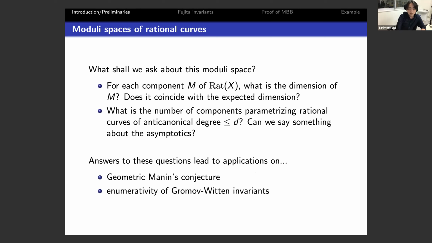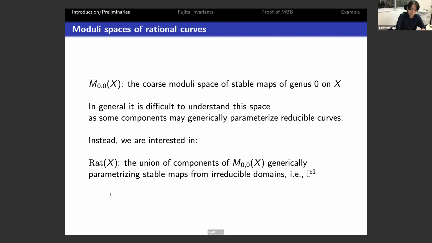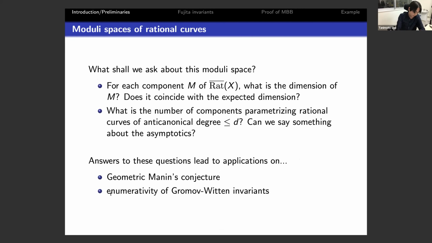If we know the answer to these questions, then one can prove enumerativity of Gromov-Witten invariants. These are applications, but today I don't have time to explain them. Do you have any questions so far?